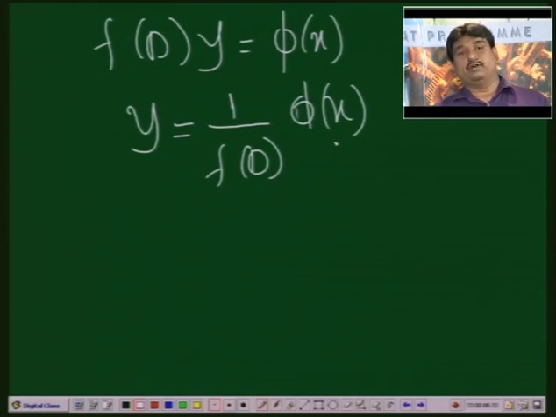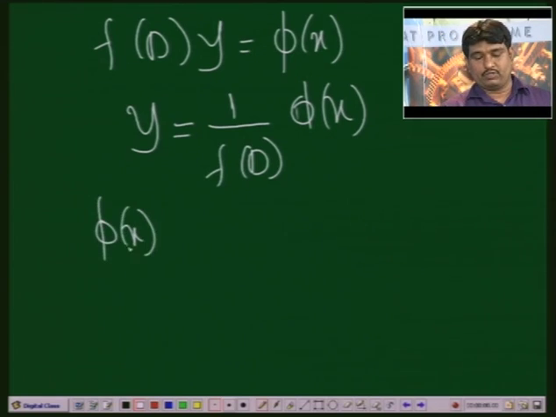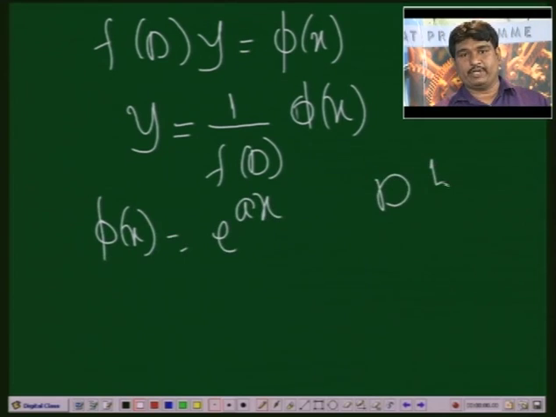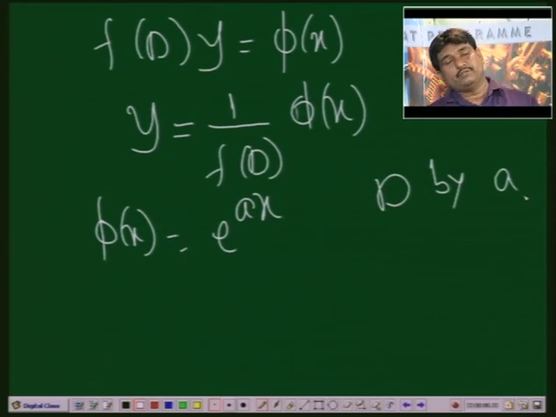We have some shortcut techniques when phi(x) takes standard forms. As you know, when phi(x) is e to the power of ax, the rule is we just replace D by a in the denominator, provided the denominator is not equal to 0.